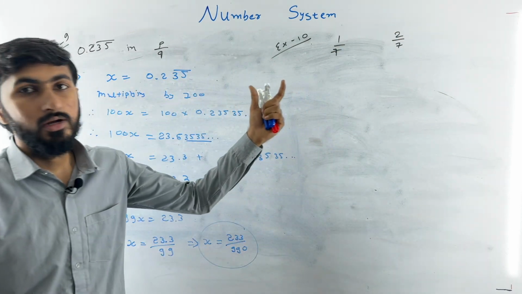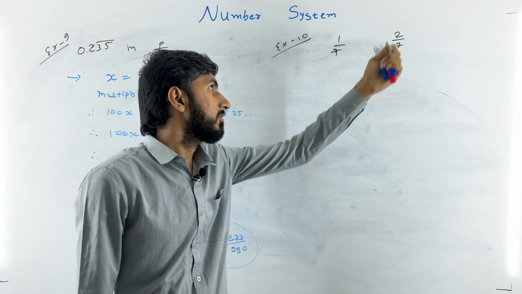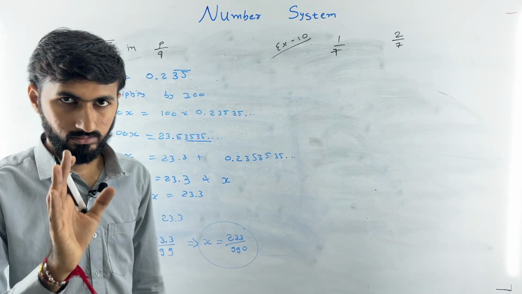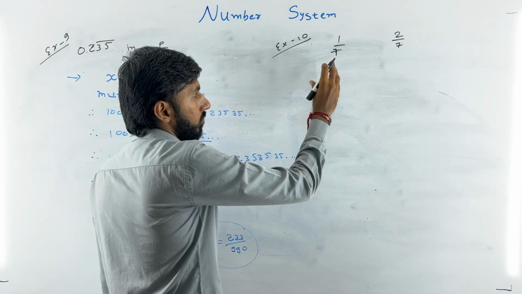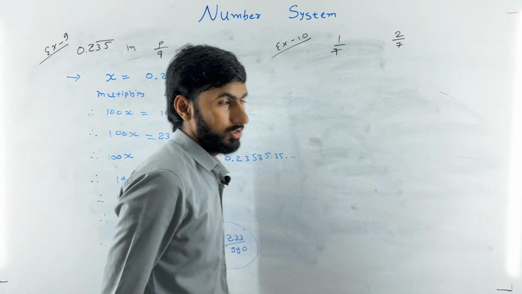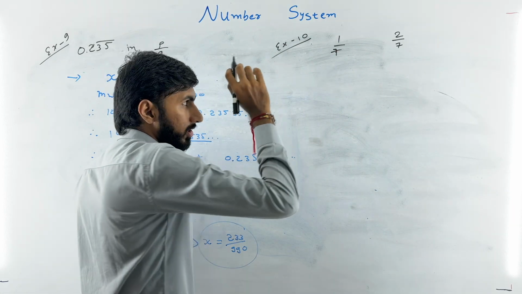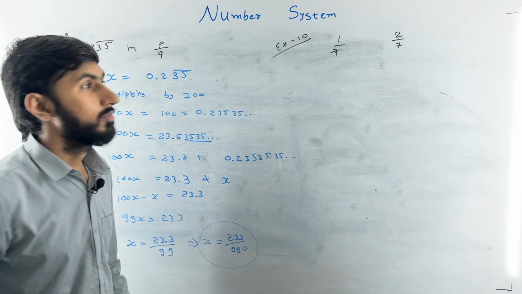I have to find irrational numbers between 1 by 7 and 2 by 7. The process is very simple. First, you have to do the decimal expansion of these two numbers. 1 by 7 we have already done in an earlier example.